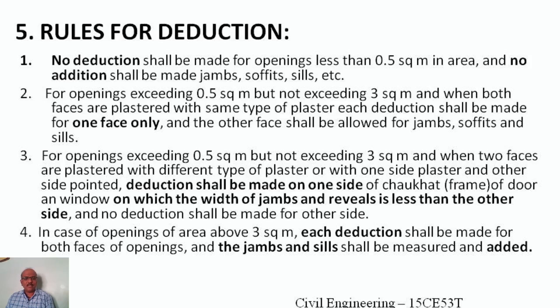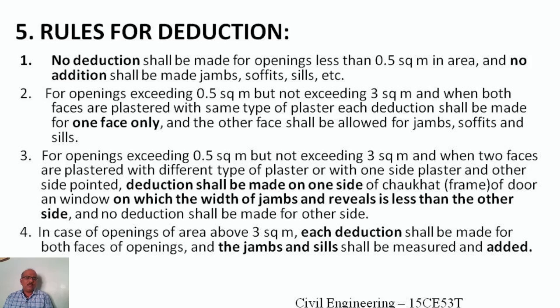On that side, on that item, the deduction is made. For example, if the inside jambs, soffits, sides area is very less, then the deduction is made in the inside plastering, and in outside plastering no deduction shall be made. In outside plastering, it is adjusted for the plastering of jambs, sills and soffits.